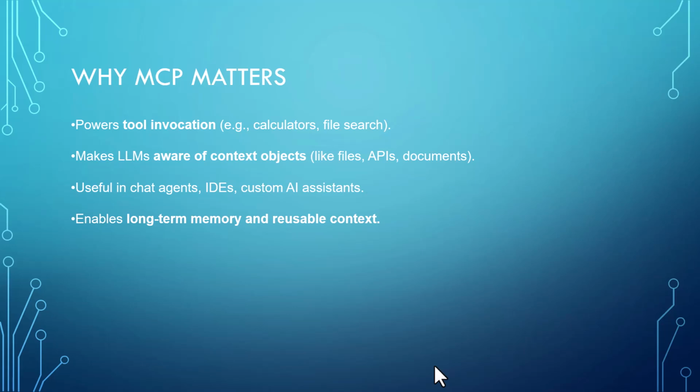LLMs are trained on a certain data set, but if you want to bring more data, one of the methodologies is to have a RAG knowledge base. But if you don't want to use the RAG pattern, and instead bring the data into the model and provide more context, then you can query the table on a live basis and bring the data. That is also possible using MCP. It is also useful in chat agents like IDEs and custom AI assistants. It also enables long-term memory and reusable context.